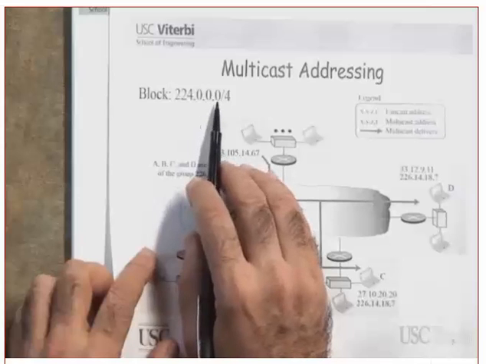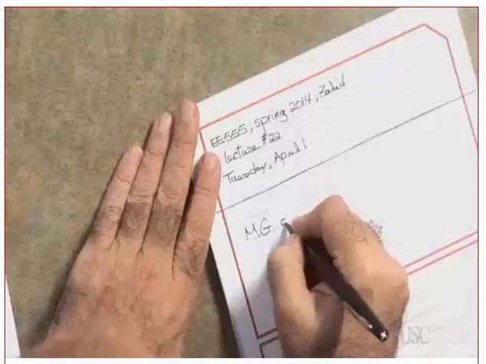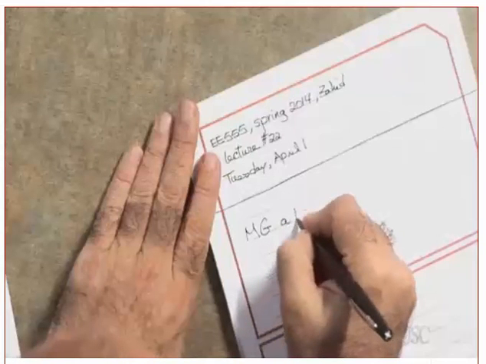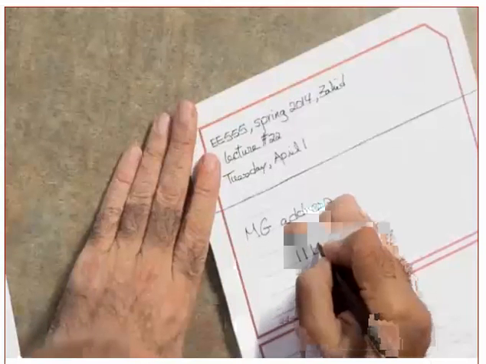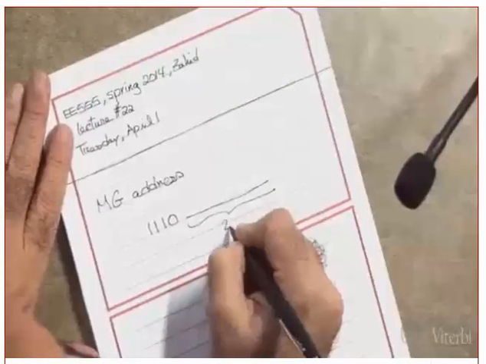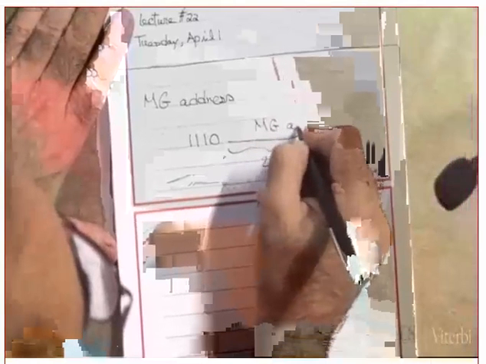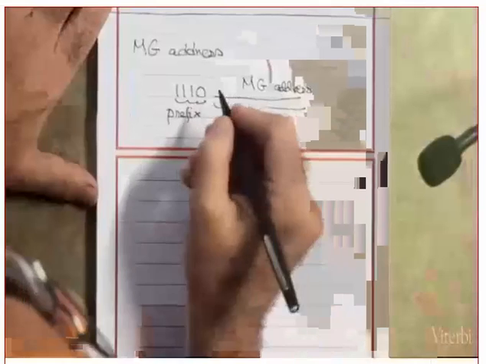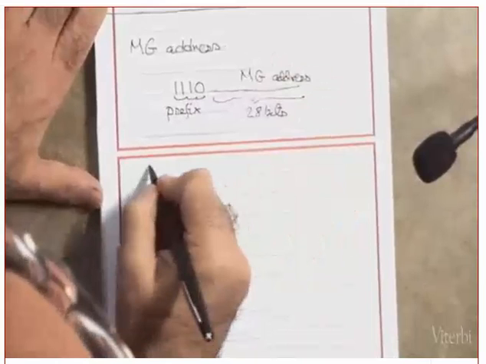The size of this block is 2 to the 28, because the prefix is only 4 bits, leaving 28 bits for addresses.